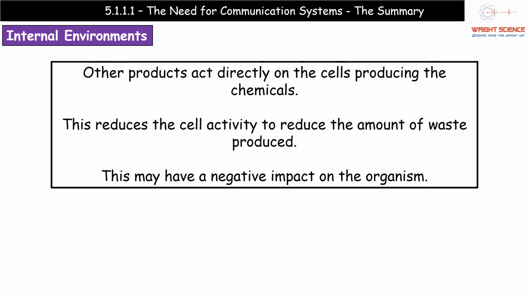So if our products are actually acting on the cells that produce it directly, we reduce the amount of waste product, but we're reducing the activity of the cell as well. So any of those useful products that were also being made alongside it would not also be made. Therefore, we could see this negative impact on the organism there.